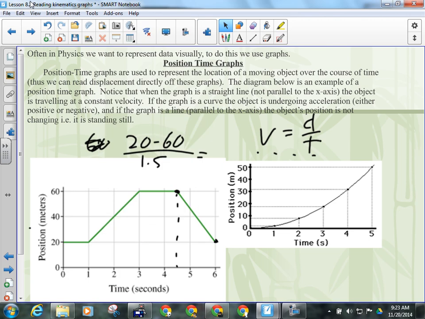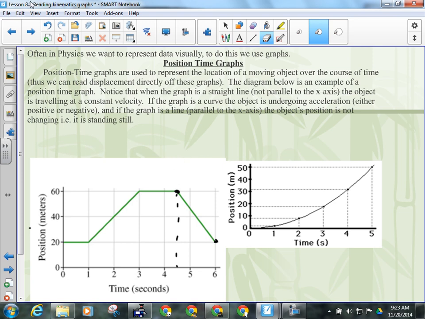Okay, what is the object in this second graph doing? Michael. Moving forward, okay, it definitely is doing that. Its position is becoming more positive, okay? But look at what happens here. Each second, does it go further than it did in the previous second?